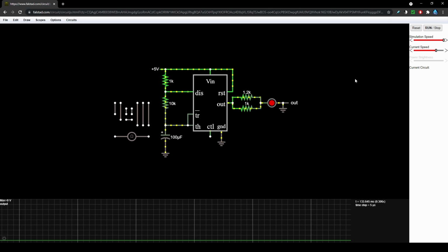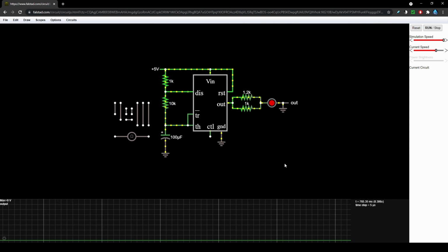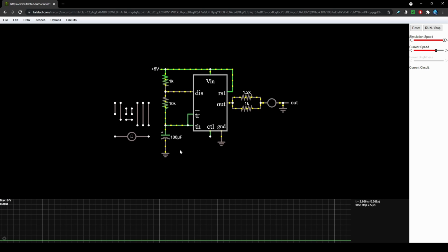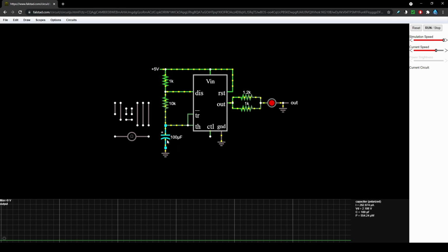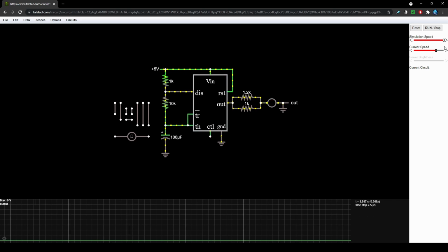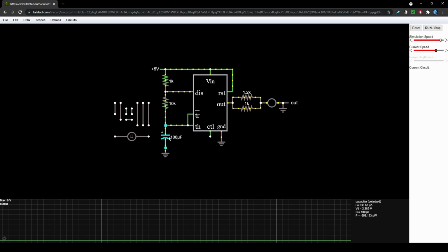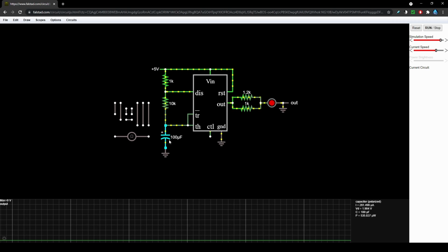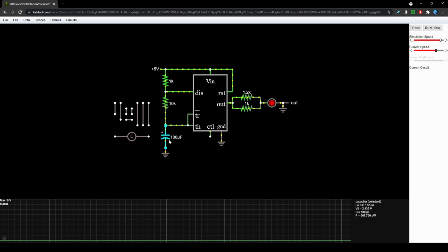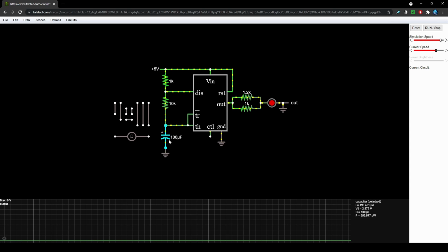Let's see it in action. As you can see, the light has turned off and on multiple times. And if we slow it down a little bit so we can see, when it's on, the capacitor is charging up.